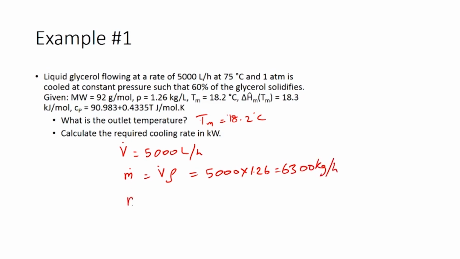Now, this mass flow rate needs to be converted to molar flow rate using the molecular weight. So, your mass flow rate divided by molecular weight would give you molar flow rate, which is 6300 divided by 92, giving you a molar flow rate of 68.5 kilomoles per hour.